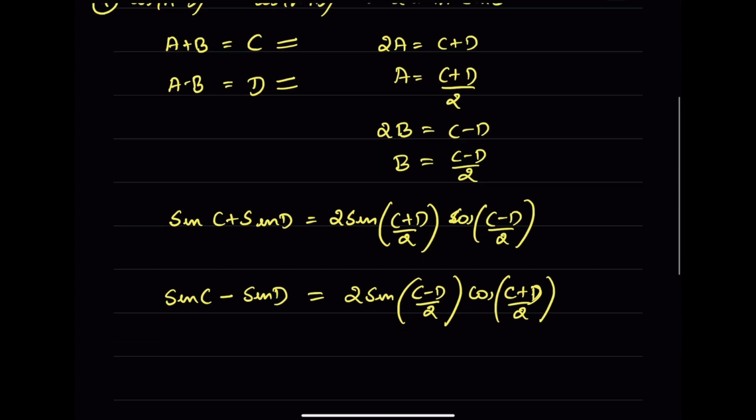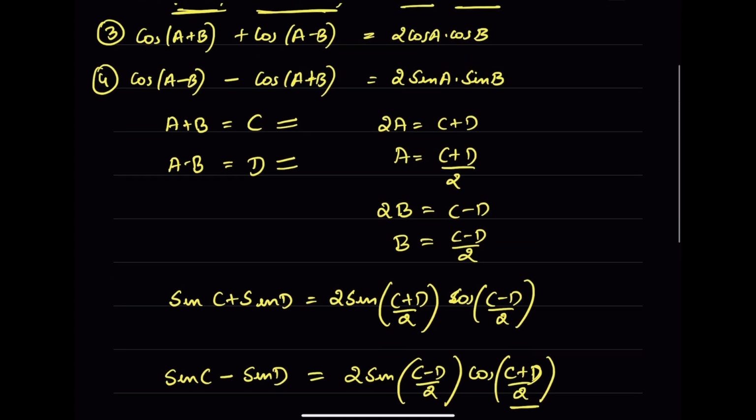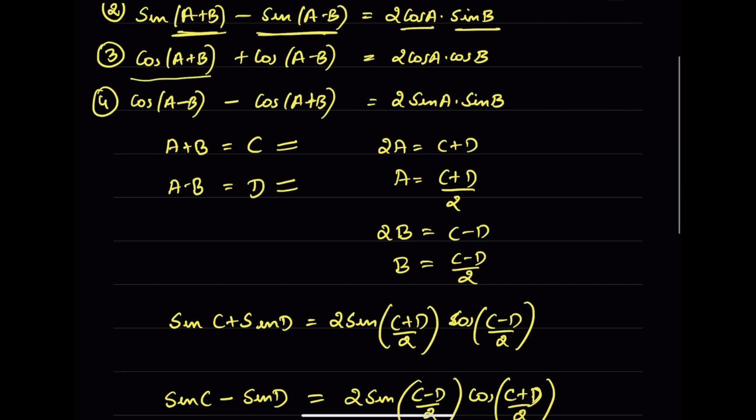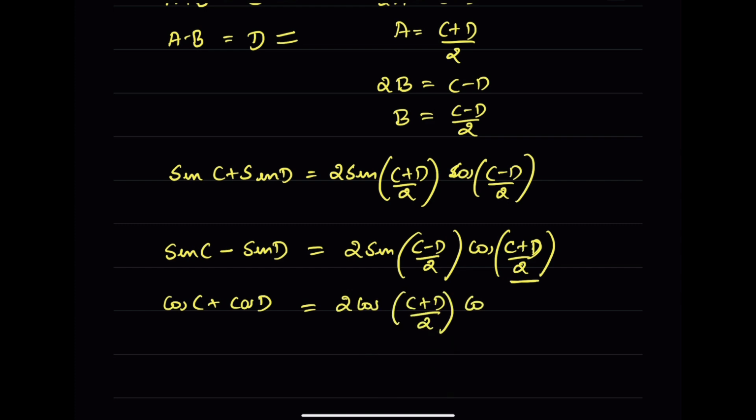So a is (c plus d) by 2. Now the third formula is cos of a plus b plus cos of a minus b. So that will be cos c plus cos d is equal to 2 times cos of (c plus d) by 2 times cos of (c minus d) by 2.